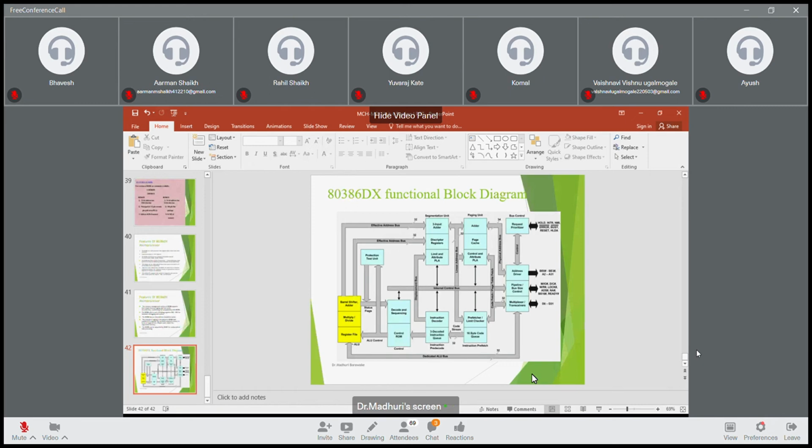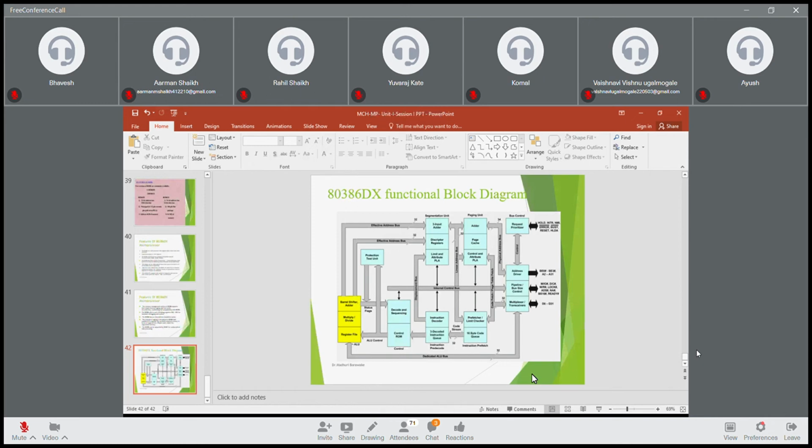Now next is the execution. In this prefetch queue, the processor has to wait, or it has to halt for some time. Okay, after fetching it must be decoded.